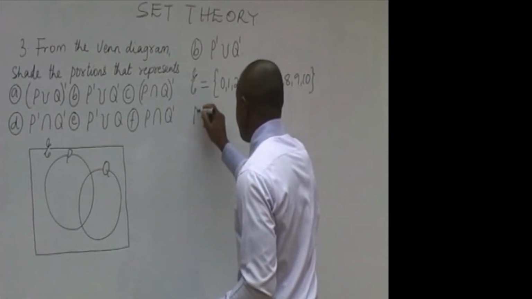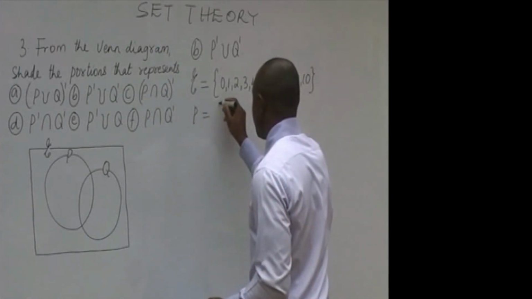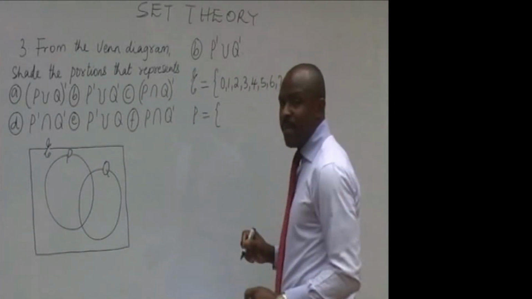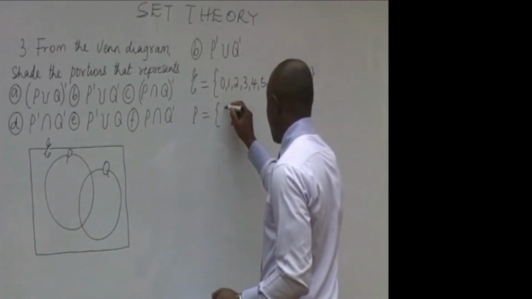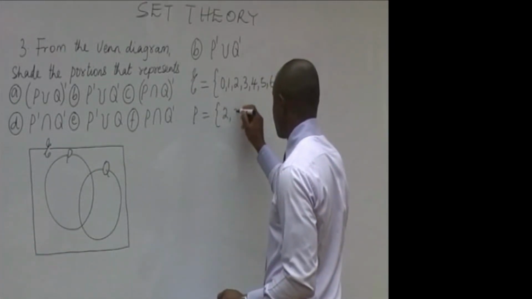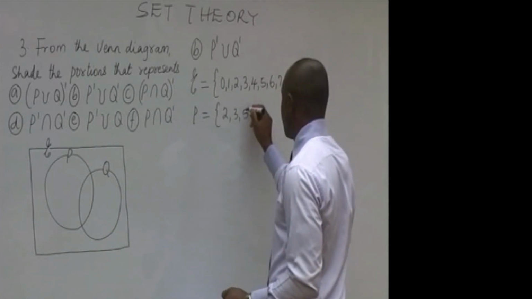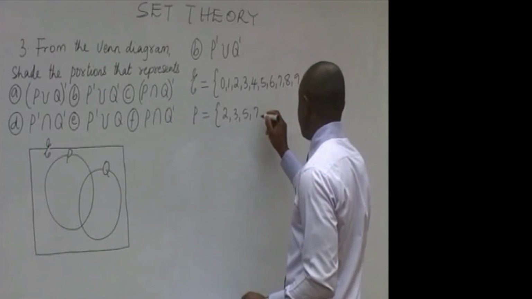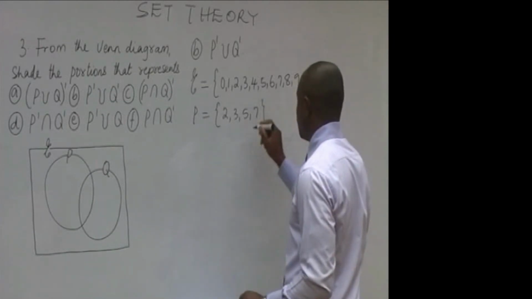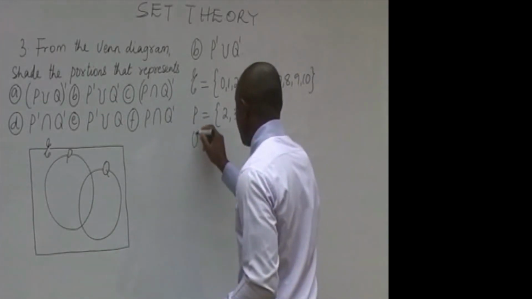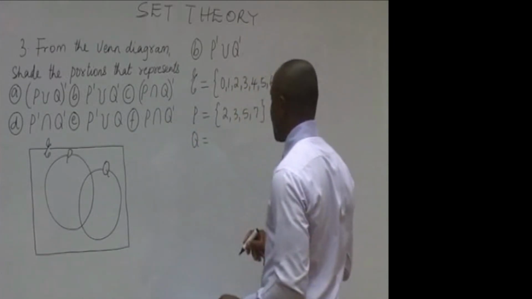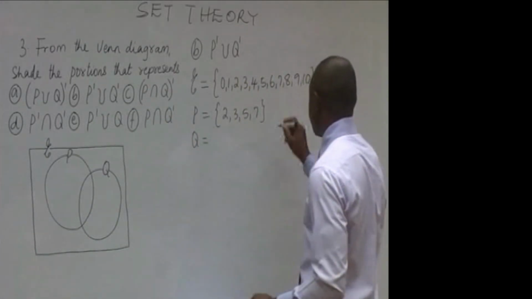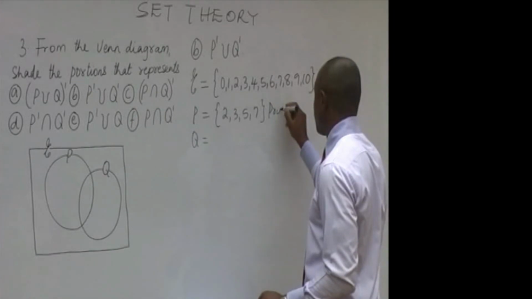So our set P are prime numbers. And our prime numbers are 2, 3, 5, and 7. Now our set Q is factors of 8.